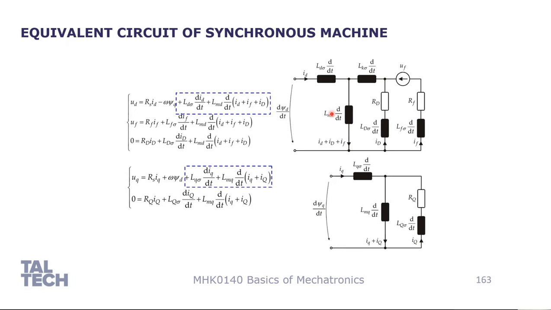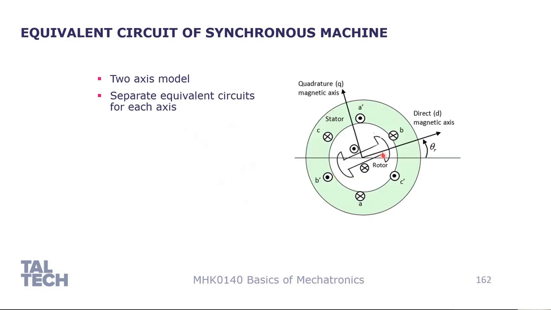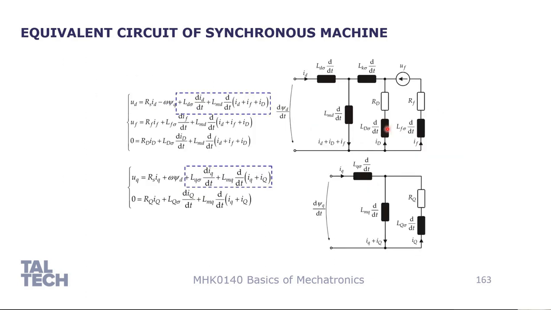The direct axis equivalent circuit is a little bit bigger because we have here higher resistance. We have the additional magnetic flux that is produced here, so we need to keep it in mind. And you see that the equations that are coming here will be more complex, and we will have more derivatives here.